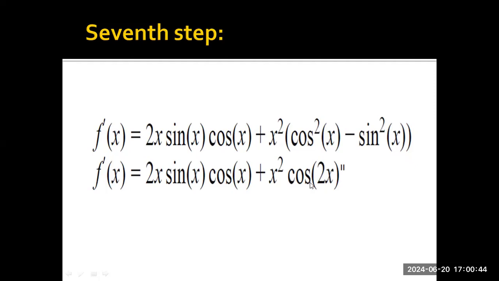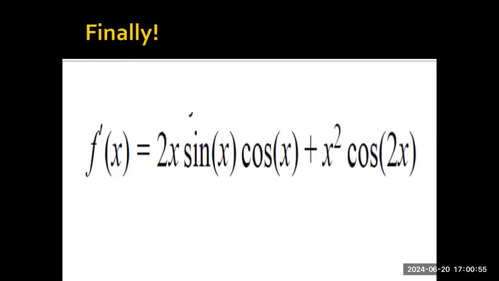This first addend remains as is. And finally, this is the derivative of our function. The derivative of the function f of x equals x squared times sine of x times cosine of x is equal to 2x times sine of x times cosine of x plus x squared times cosine of 2x.